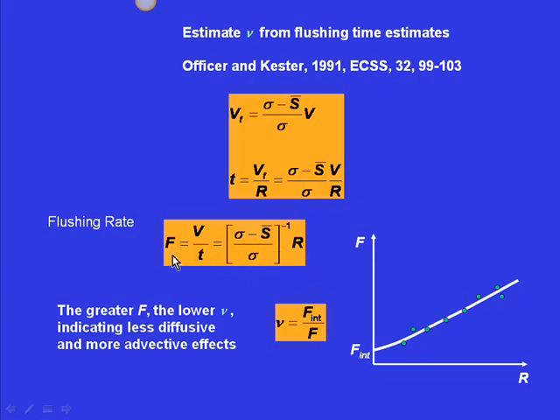With that, you can calculate the flushing rate and generate this curve, bring it to the origin, and then calculate the diffusive fraction for the salt flux. And that'll tell you what process is responsible for bringing salt into St. Andrews Bay.